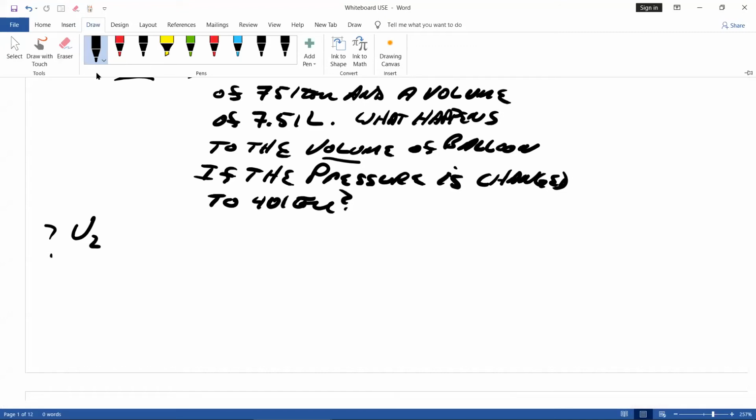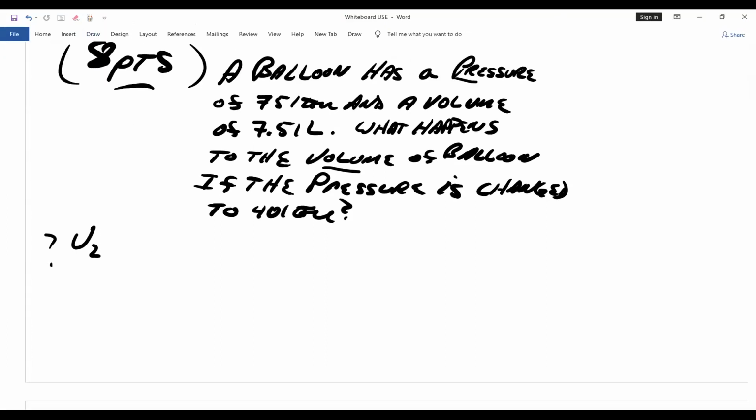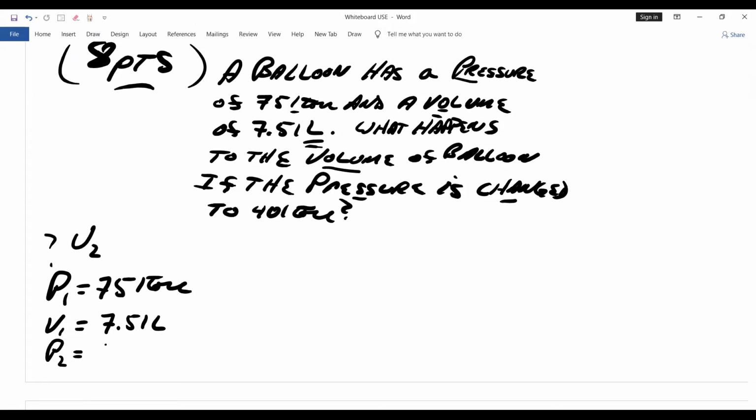If you look up here, the initial pressure, P1 equals 751 torr. The volume, V1, the initial volume, is 7.51 liters. And what are we also given? If the pressure is changed, that makes it the final pressure, P2, to 401 torr.